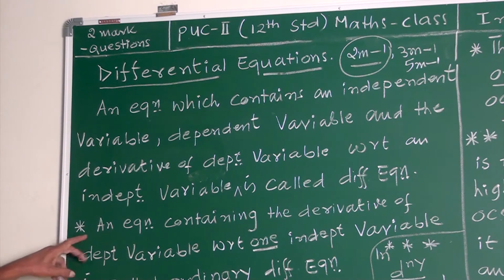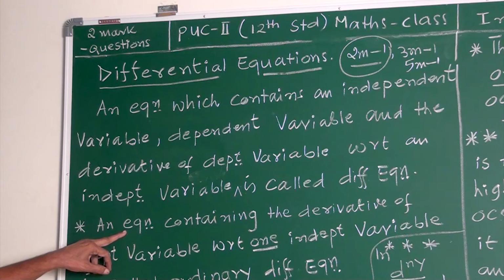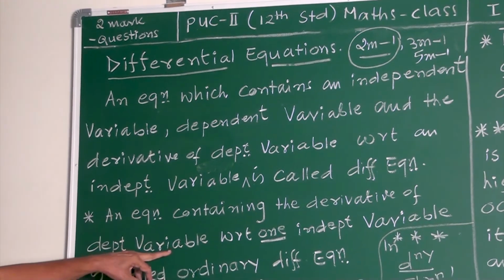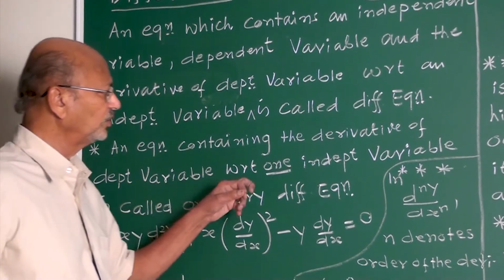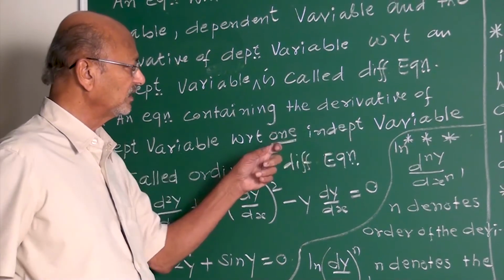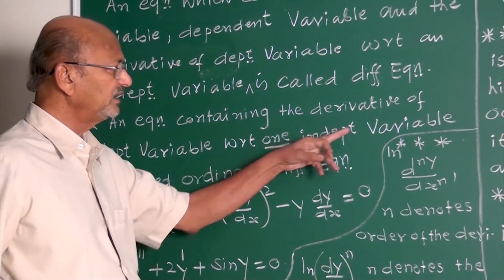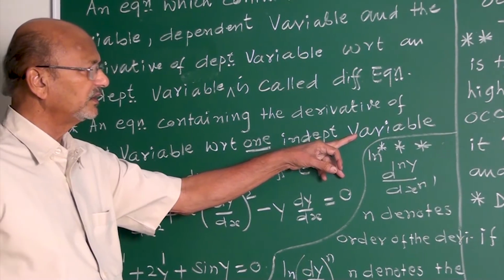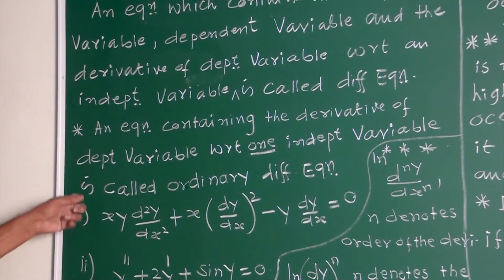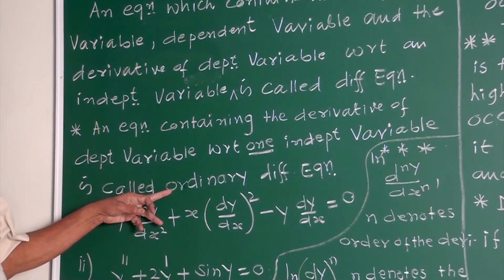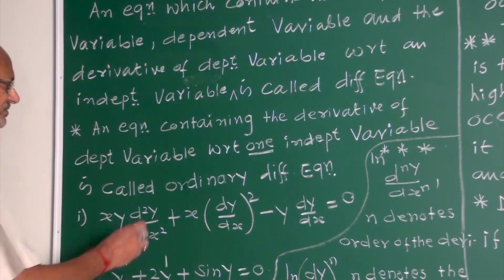In particular, an equation containing the derivative of a dependent variable with respect to one independent variable is called an ordinary differential equation, my friends.